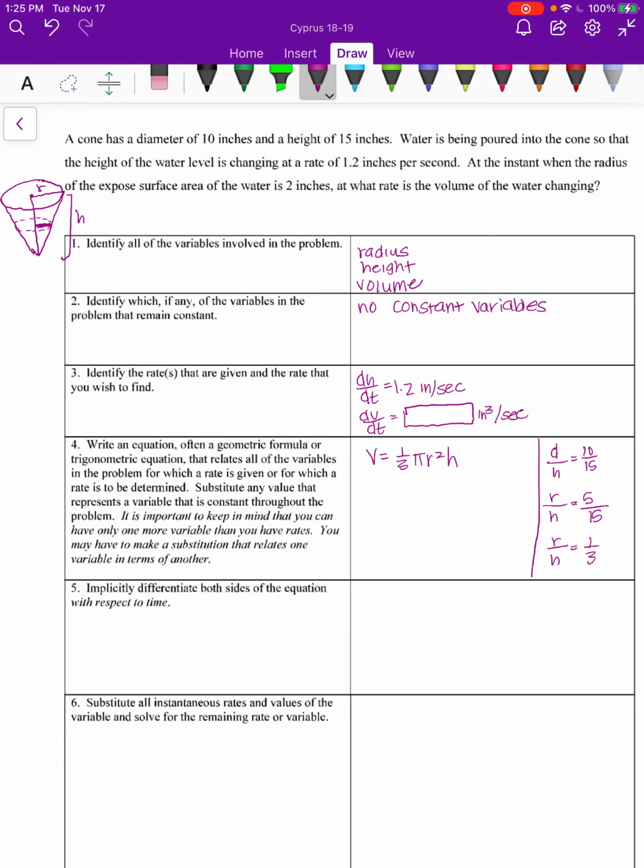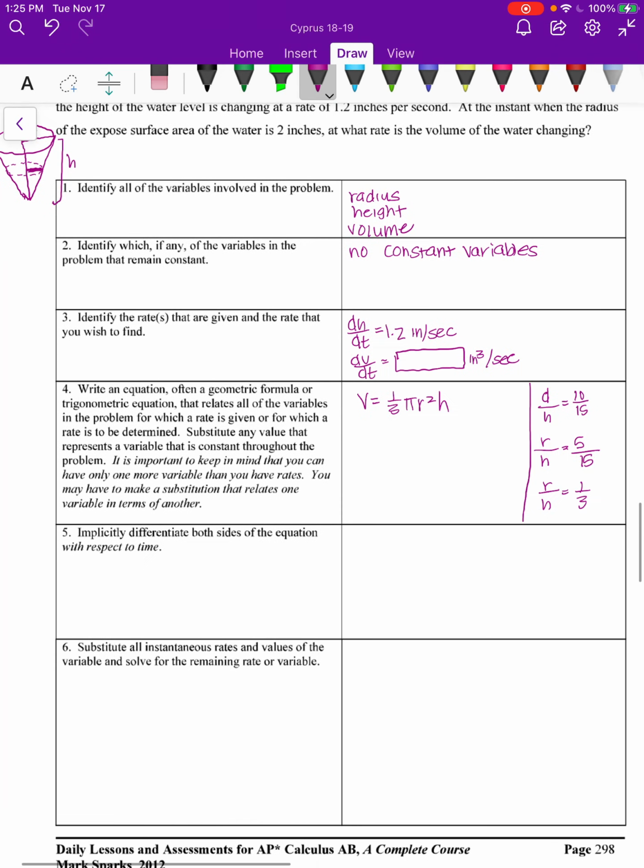Now I'm going to use this to help me replace r, because I can get this equation solved for r. So we said r to h is 1/3. If I multiply both sides by h, r is 1/3 h.